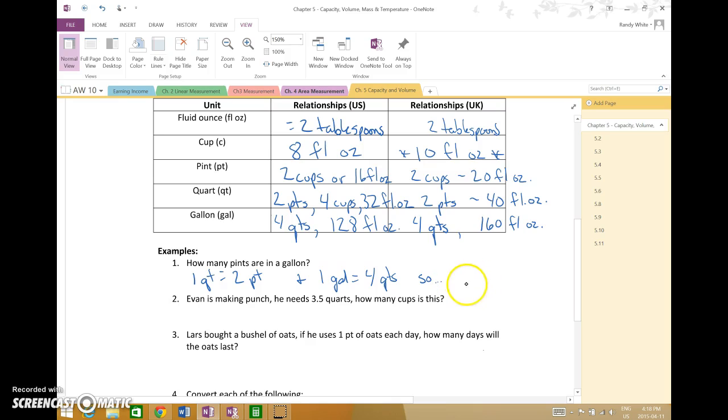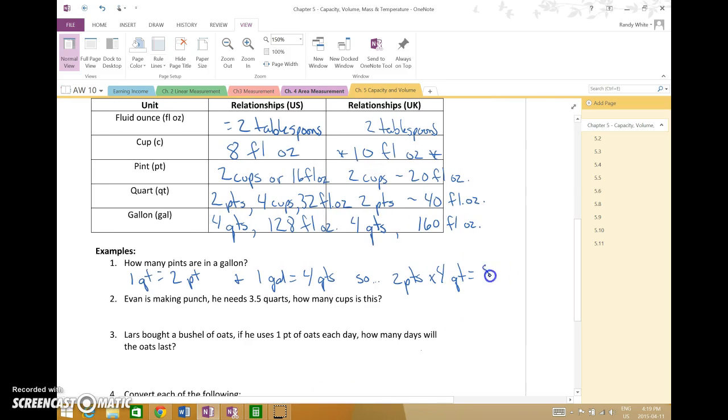So when you do the math, it's going to work out to be 2 pints times 4 quarts. It's going to give me 8 pints in 1 gallon.